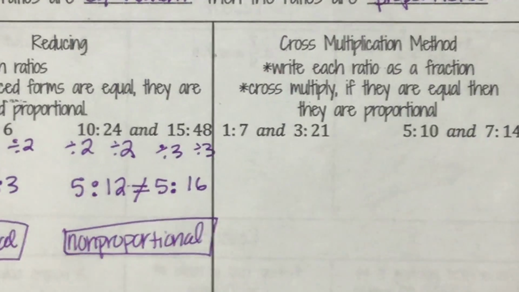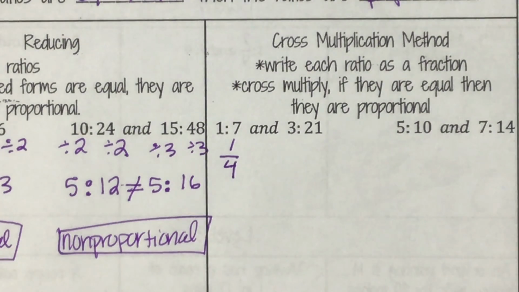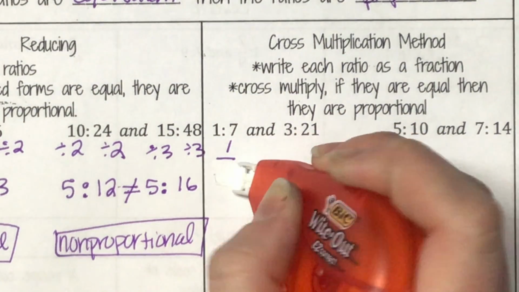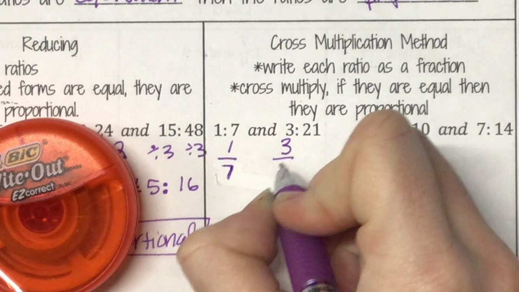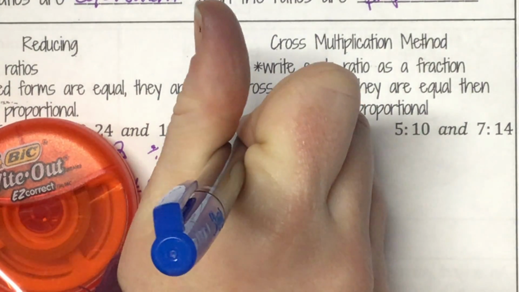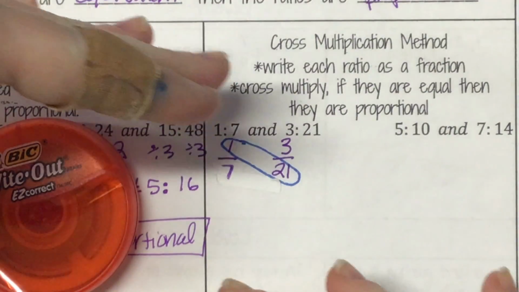Okay. So I'm going to write 1 over 7. Let's erase that. This is why we don't write in pen. 1 over 7, and then I'm going to do 3 over 21. Then I'm going to cross multiply. So I'm going to multiply across diagonally, a top and then a bottom from the fraction.